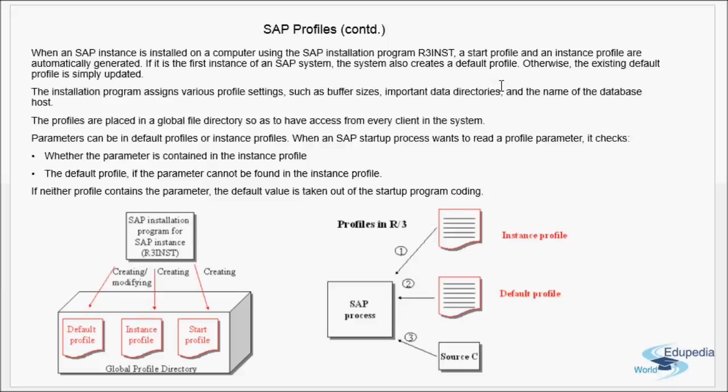So when a fresh installation is done using R3INST, a start profile and an instance profile are automatically generated. If this is the first instance of an SAP system, one more profile known as the default profile is also created. Otherwise, the existing default profile is updated.